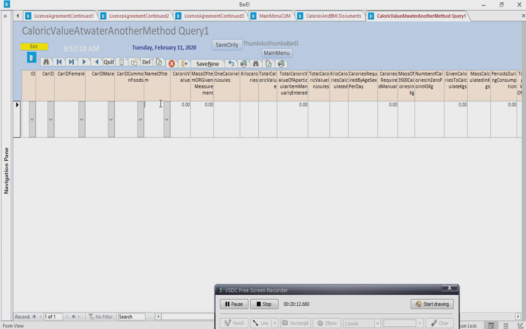Let us see how to calculate the number of kilograms a family may require in a year for the right amount of calories to be consumed.